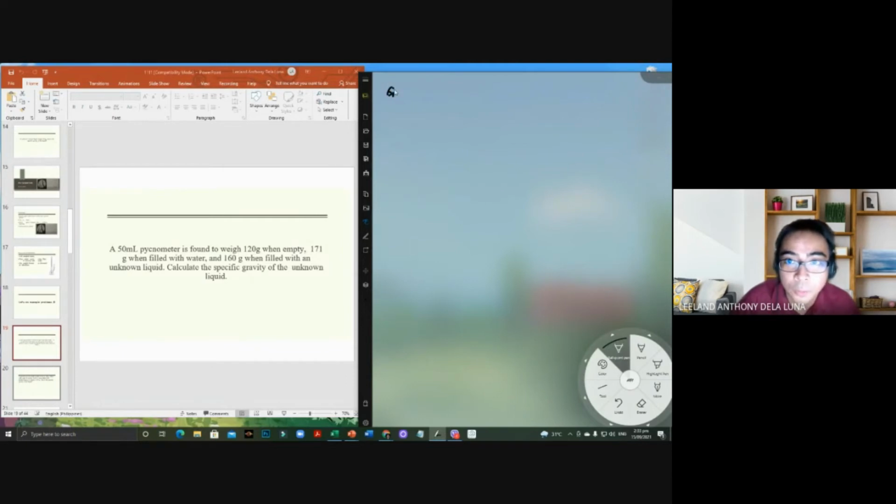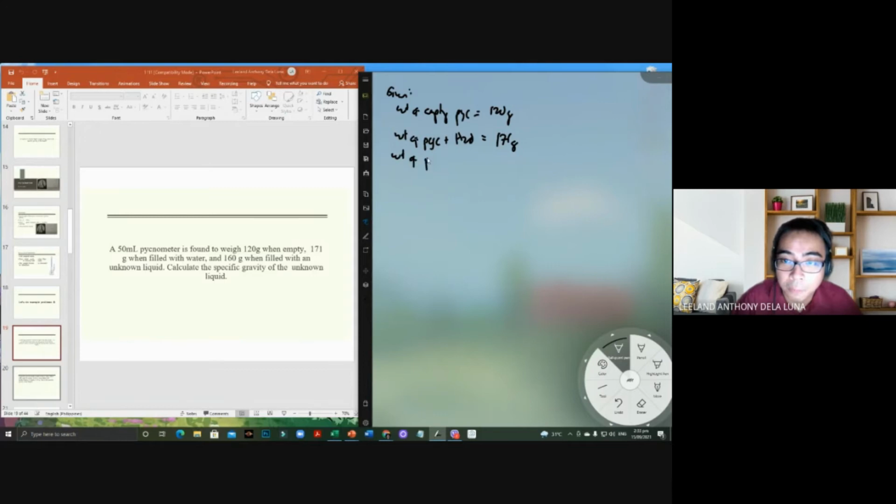Okay, so given ko would be weight of empty PYC, pycnometer na to, it's 120 grams. Weight of PYC plus water is 171 grams.